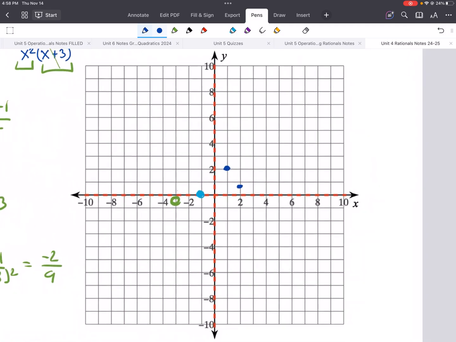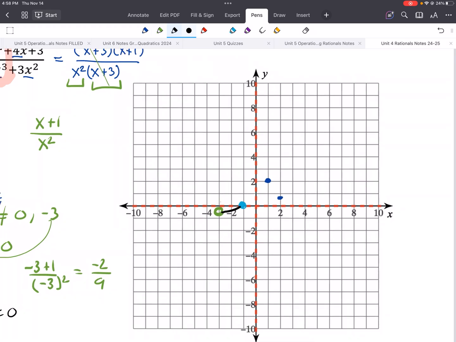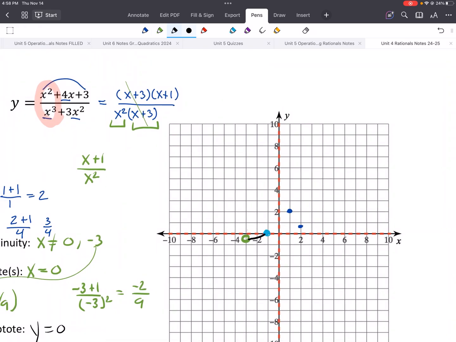Okay, so again, we have to connect these dots. We know for the x-intercepts, there's no multiplicity, so it's going to go through. And they have to get close to those asymptotes. I probably didn't do really great with that one.